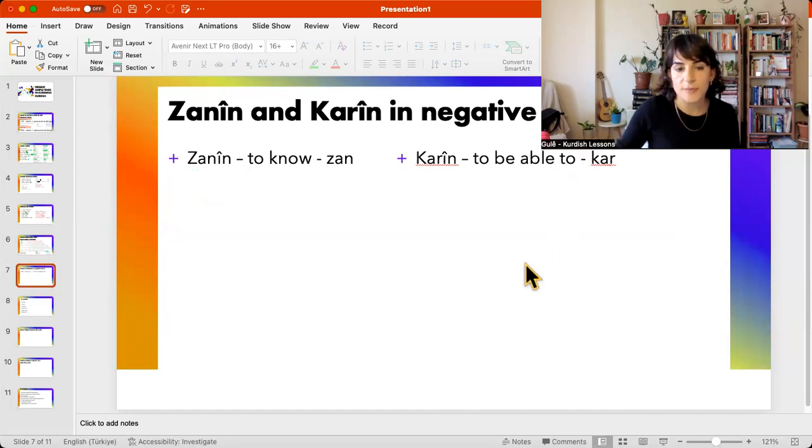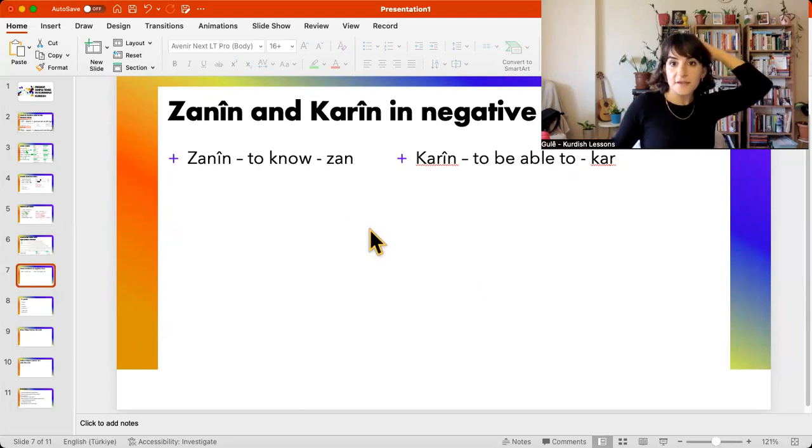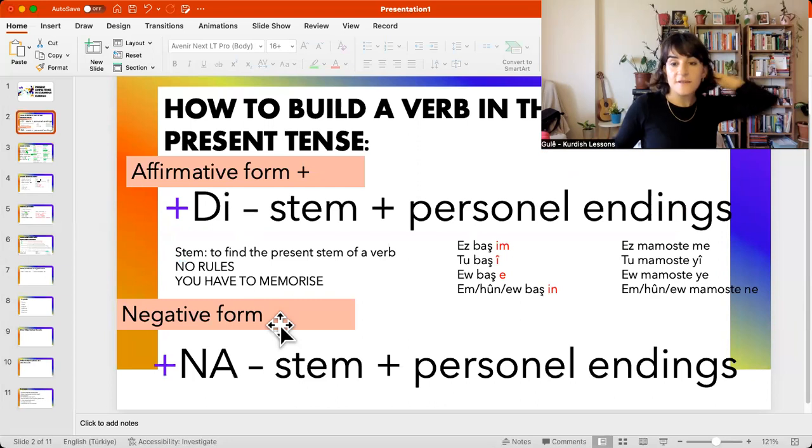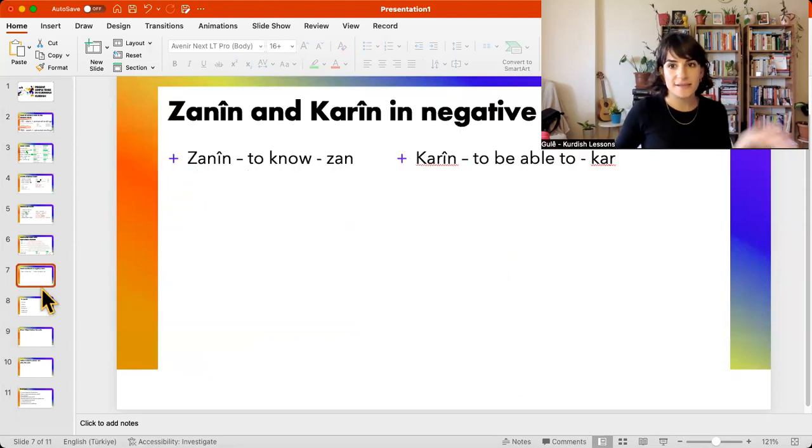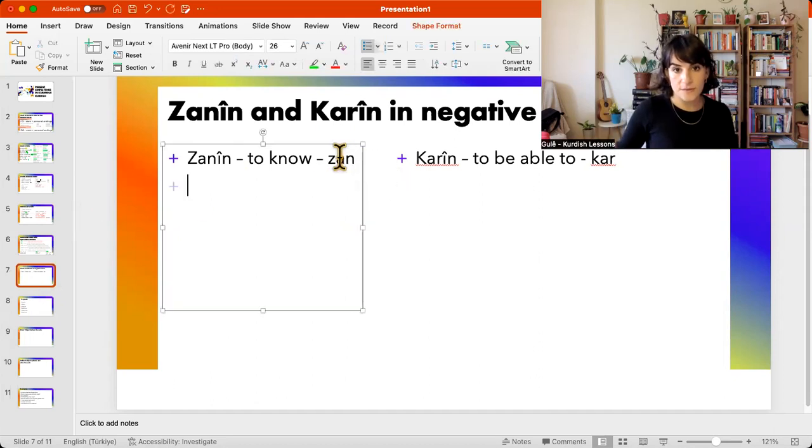Okay, and our second topic is the negative form of zanin and karin. At the beginning, I said for the negative form, almost always you have na, but there are two verbs which are irregular or exceptions for the negative form. So zanin is to know, and zan is the stem.